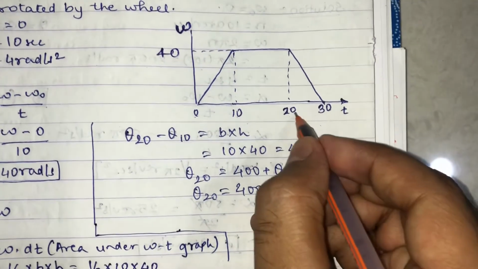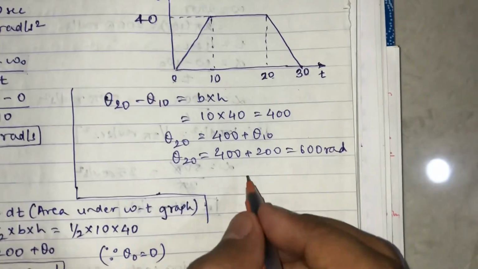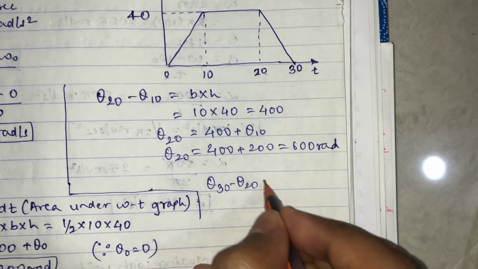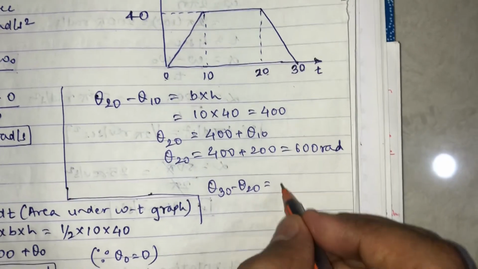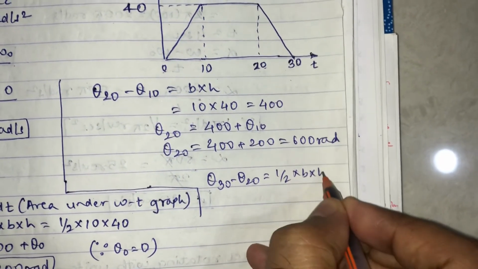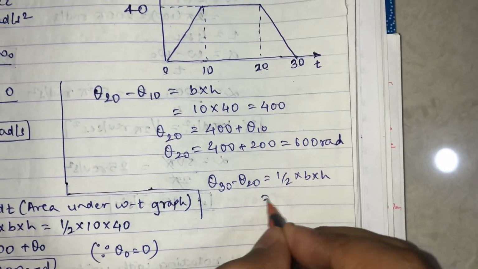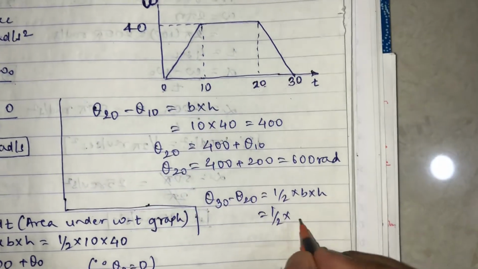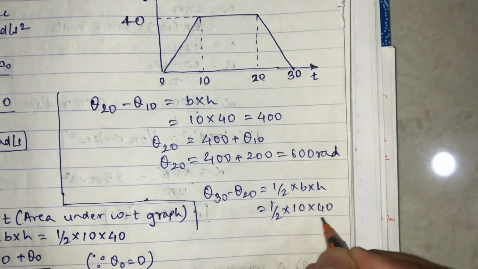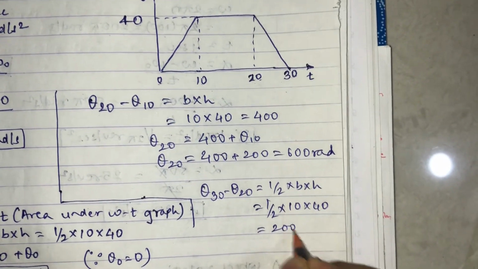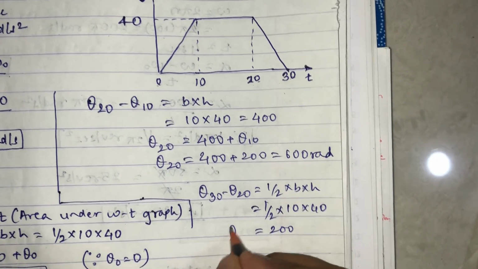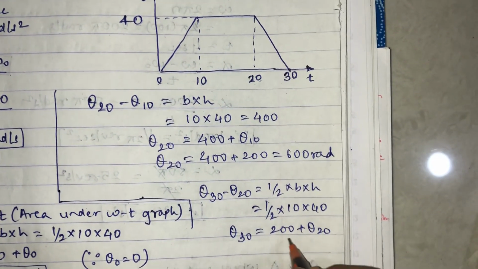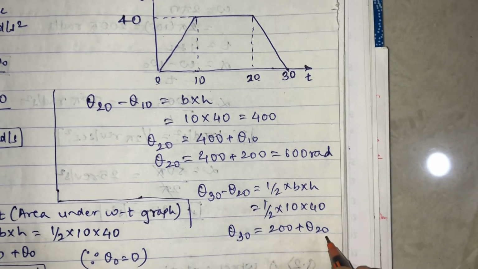Now we'll go with the next step, which is 20 to 30. Theta 30 minus theta 20 is again a triangle, so half into base into height, where the base is 10 and the height is 40, which gives me 200. So theta 30 is equal to 200 plus theta 20.